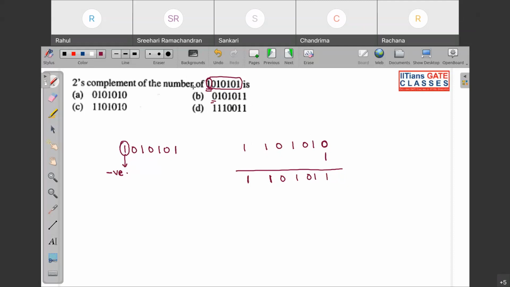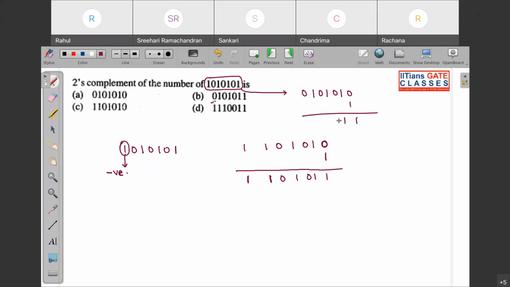Now if you change it over here, you can see they might not be asking what is the value of this number. They are simply asking what is the 2's complement of this sequence. If you just want to calculate the 2's complement, first you need to calculate the 1's complement of this number. 1's complement means bit by bit you complement, so that will be 0 1 0 1 0 1 0, and then you add 1 to it.